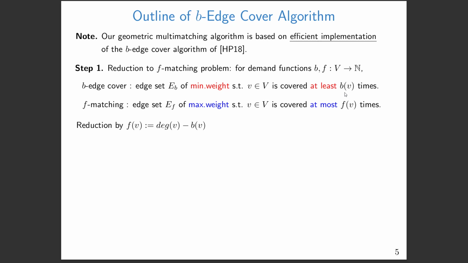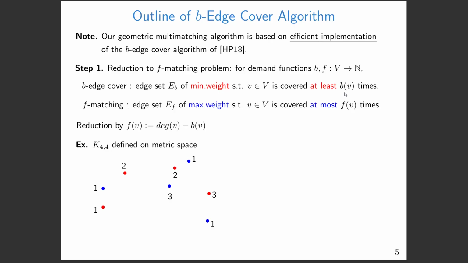Here's the difference. In the b-edge cover problem, each vertex should be covered at least b_v times, whereas in the f-matching problem, each vertex should be covered at most f_v times. The reduction is quite simple: just take the subtraction of degree(v) and b_v.